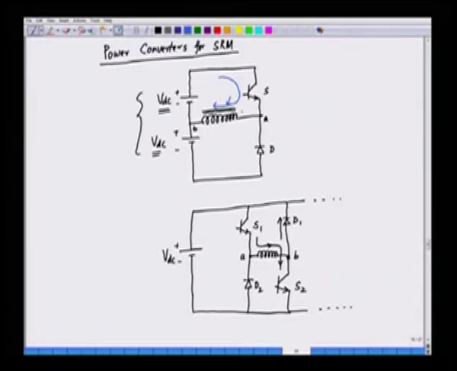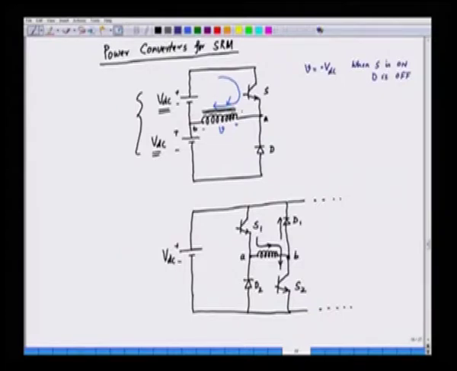And what we have here, if we say that this voltage is V with this positive and this negative, we can say that when the switch is on, V is equal to plus VDC, when the transistor is on and the diode is off.